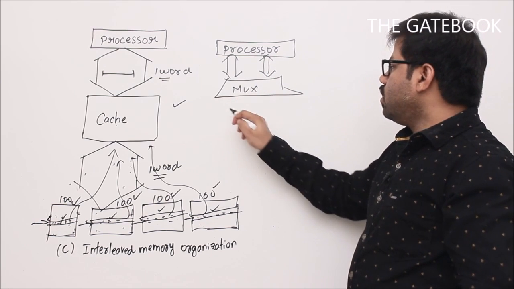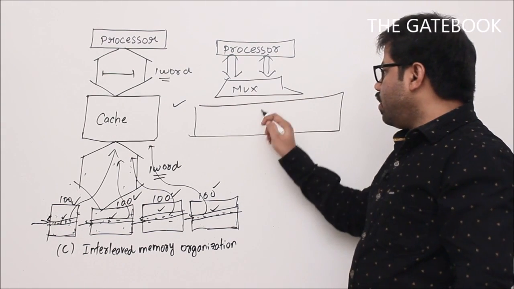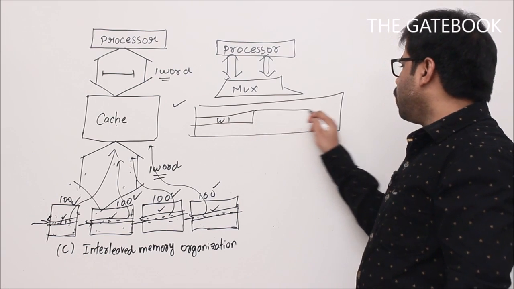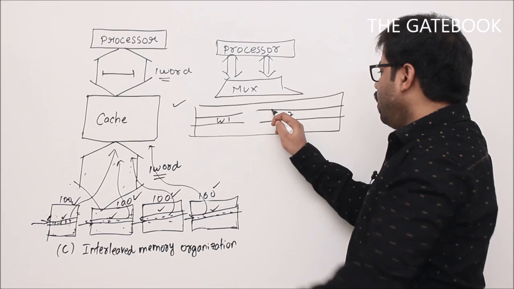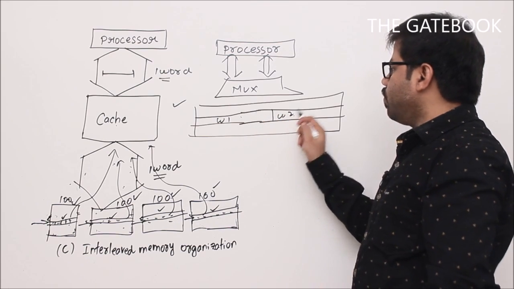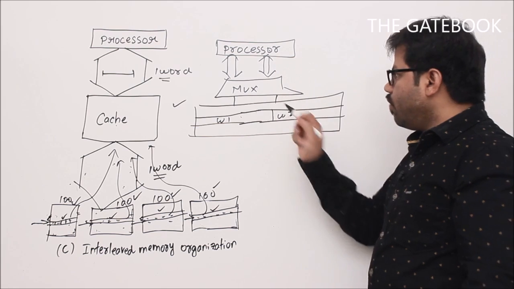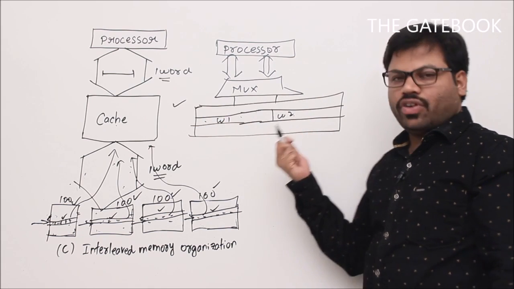I will tell you. This is your cache. Since the width of this cache is two words, this is word 1, this is word 2. Now at any time the processor wants only one word, but your cache has a row size of 2 words, right?